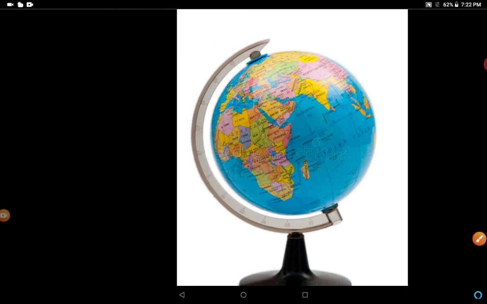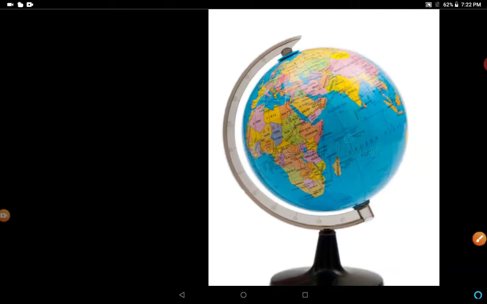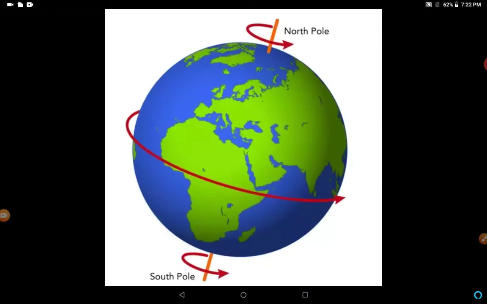So we can notice in this figure, we'll come to know about the axis. What is axis? Axis is this. This is the axis on the globe. It is like a needle, which is called its axis, and we can see the globe in a tilted manner like this.